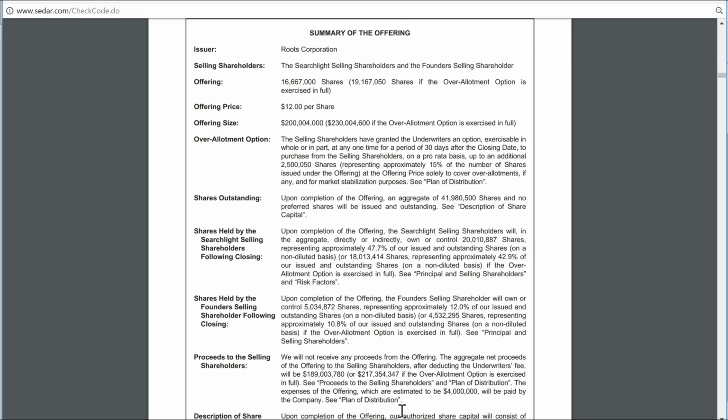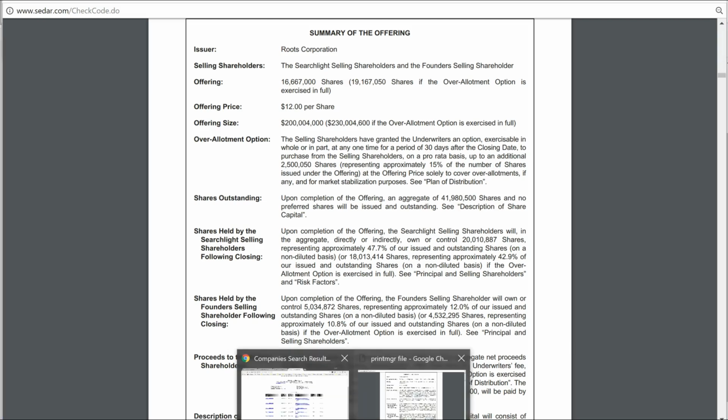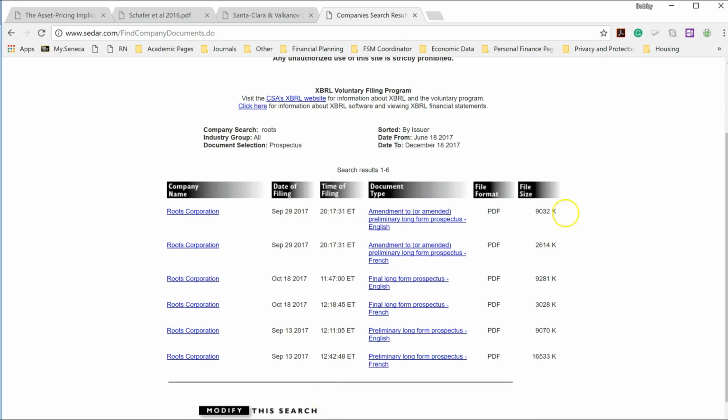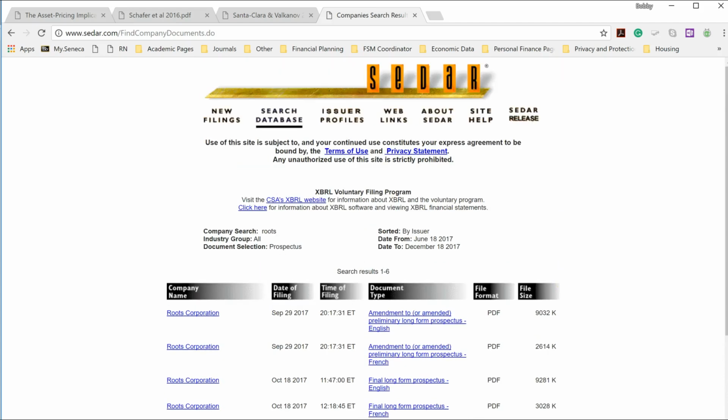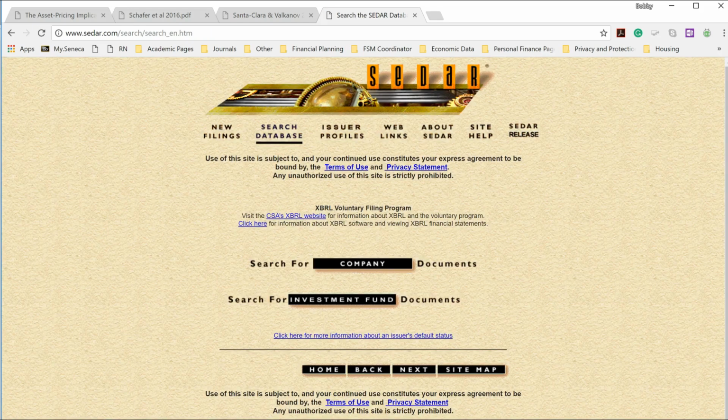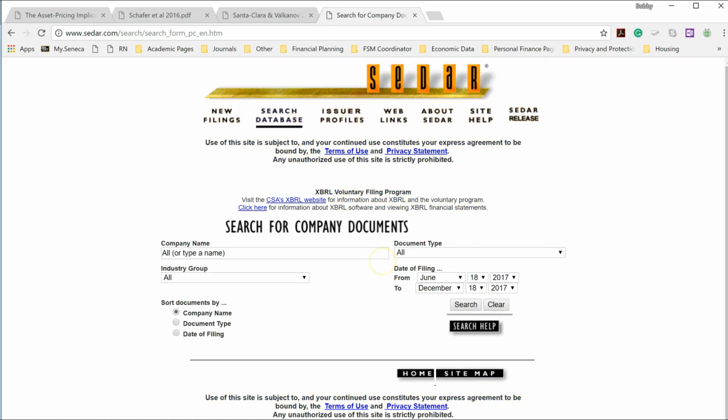And so I encourage you, as you go through some of the chapters focused on primary issues and underwriting, to open up CDAR, go back and look at different things and explore. If you go back to the main page on CDAR, you can search the database. Once you search the database, you can click on company. Within there, it's a simple search.